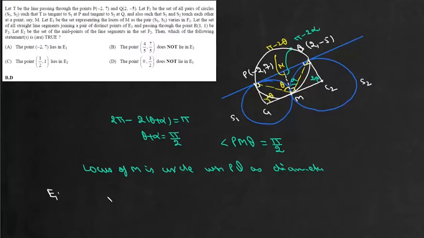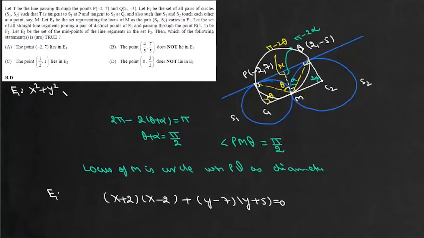So this E1 will be given by x plus 2 into x minus 2 plus y minus 7 into y plus 5 equals 0. So this E1 will be given by x square plus y square minus 2y minus 39 equals 0, except these points P and Q.